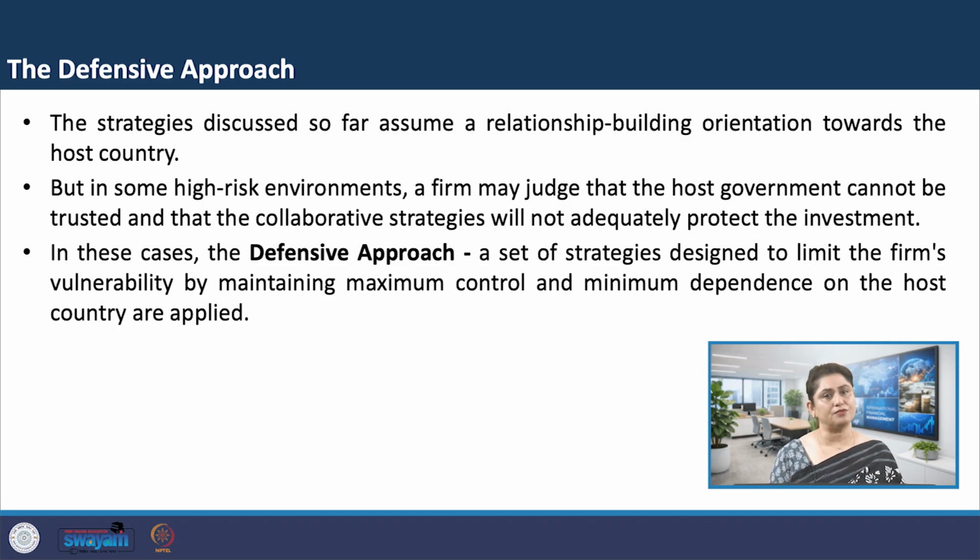It basically refers to a set of strategies that take the opposite orientation. Rather than building relationships and integrating with the host country, the defensive approach is designed to limit the firm's vulnerability by maintaining maximum control and minimum dependence on the host country environment.